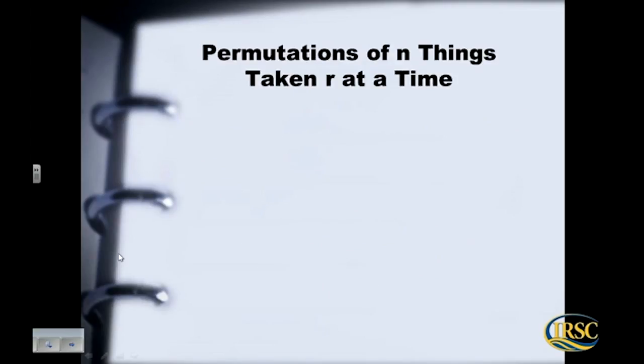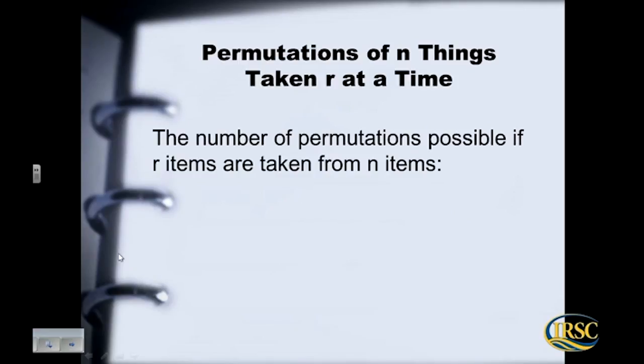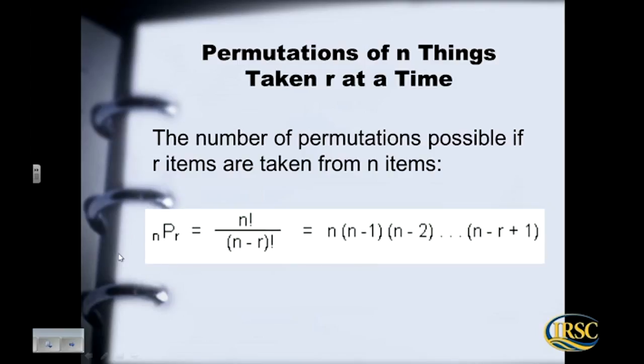Okay, so all the permutations that you have, you can use that filling in the blank method that we did. But there's also a formula that gives you a shortcut method of doing it. And so we call them permutations. Again, it's arrangements where order makes a difference. And if you're taking r items from a group of n items, then you can write it like this.